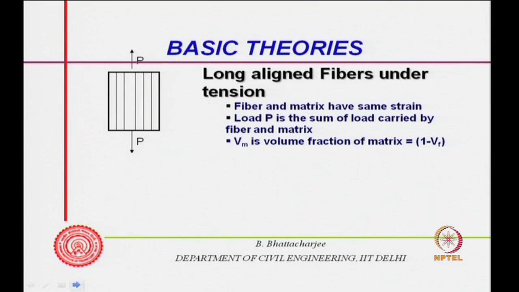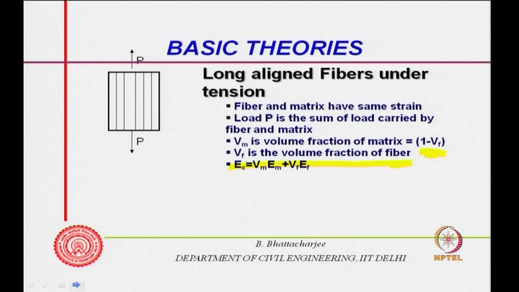So, load P is the sum of the load carried by both fiber and matrix. If V m is the volume fraction of the matrix, then fiber volume fraction will be V f, and V m is equal to 1 minus V f. The composite modulus of elasticity can be simply written as V m E m plus V f E f.